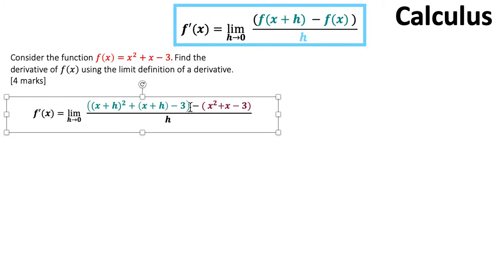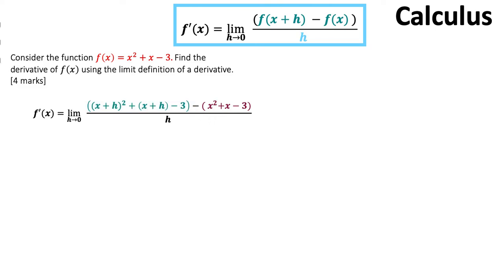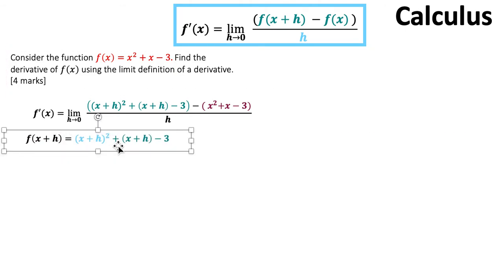Now you might see that this part right here is not really clear, so we're going to simplify it a little bit. Here, I isolated our f of x plus h section.